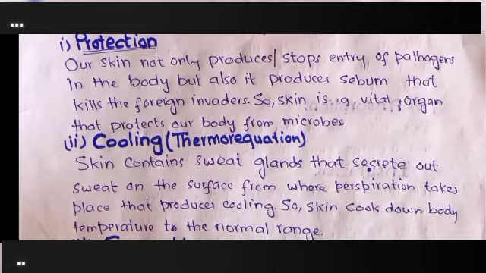Secondly, dermis contains layers of fats, so fats act as insulator, and when the external environmental temperature is less than 37 degrees Celsius, the fat present in our skin acts as insulator and protects us from cold temperature, the lower extreme.